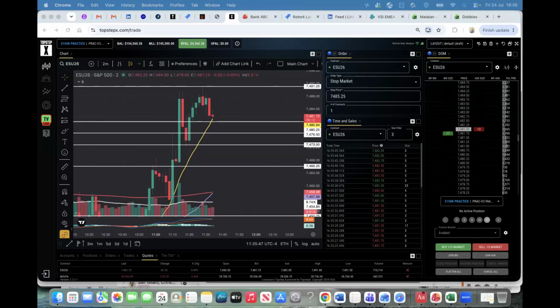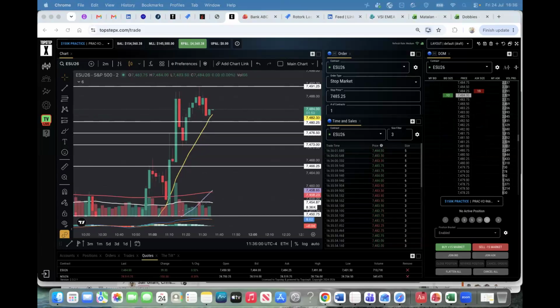You can trade futures. I like trading futures. I feel like it gives me more opportunity to leverage the market 23 hours a day. I love options because it's easier, right?